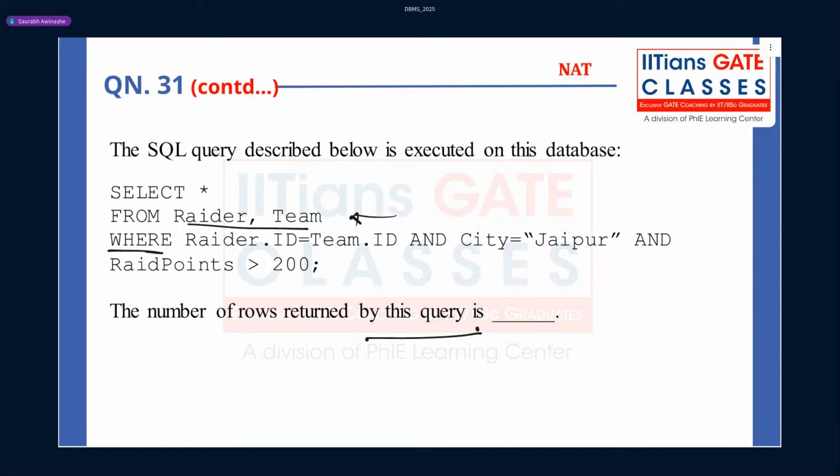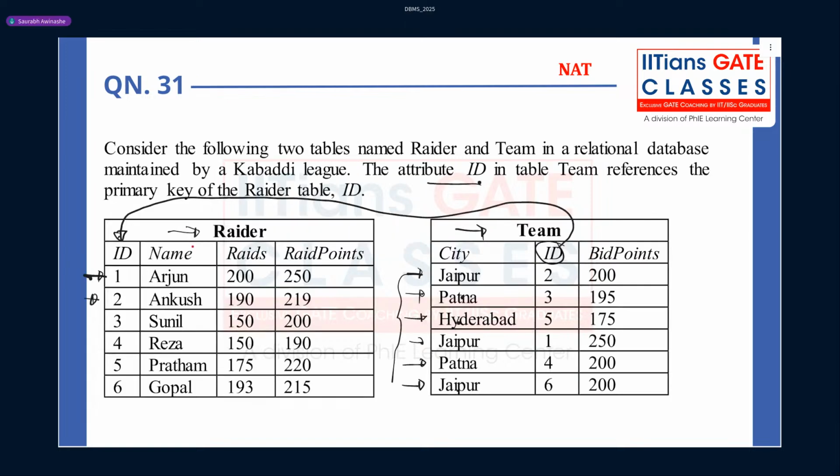So the where clause says that raider.id equals team.id. Now let's filter out these rows. We want to see those tuples in the cross product where this one and this one are the same. So for raider 1, we have this row, where the team IDs match.